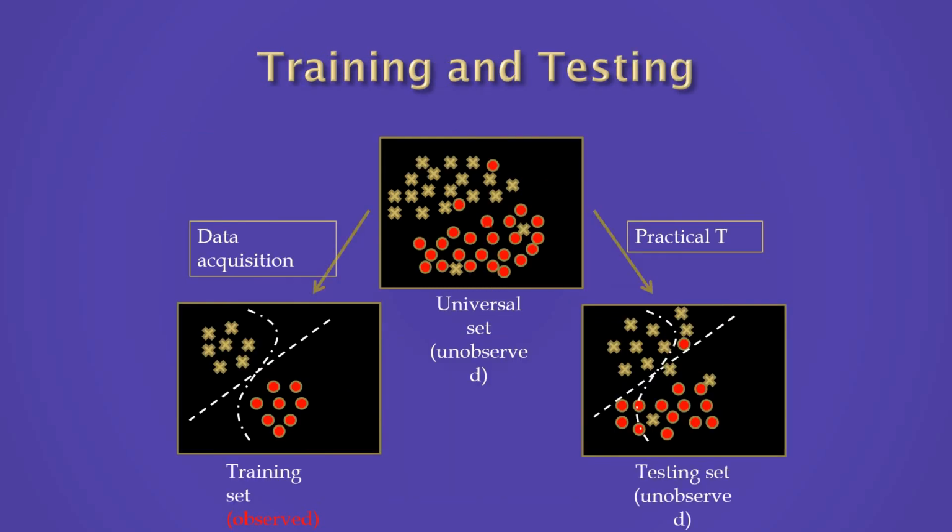So what is training and what is testing? The entire data set that we have taken is called the universal data set, or also the unobserved data set. This can be divided into two types. One is the training set, which is observed, and another one is the testing set, which is not observed and is going to be tested.